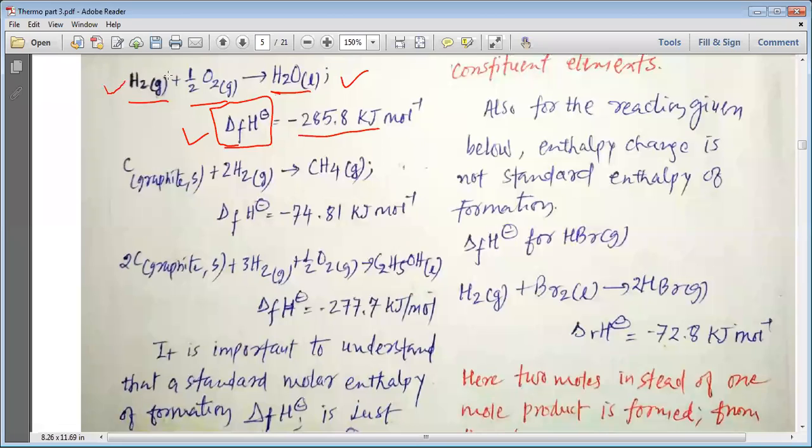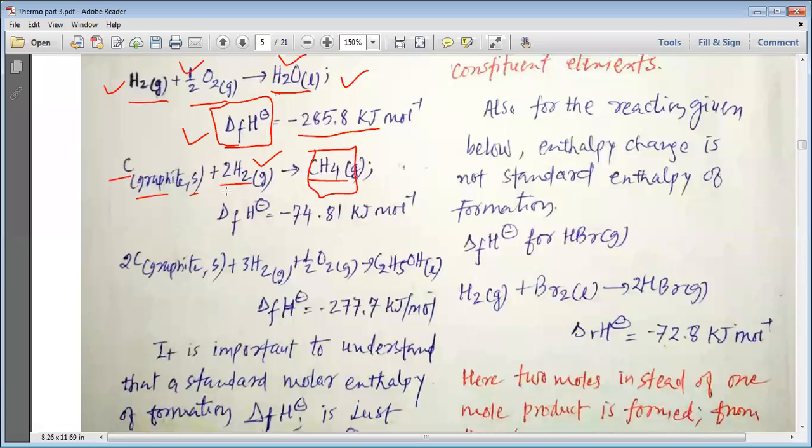Please remember that the reactants and products must be in their stable state. In the same way, when we want to prepare methane, we take carbon in the graphite form, which is solid, and we take hydrogen as a gas, and methane is a gas.